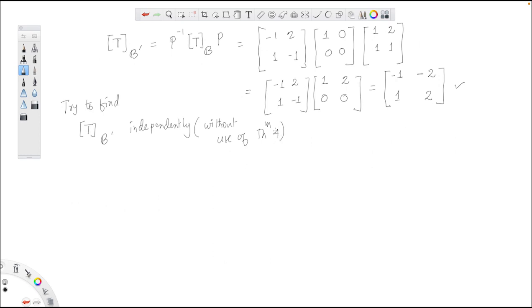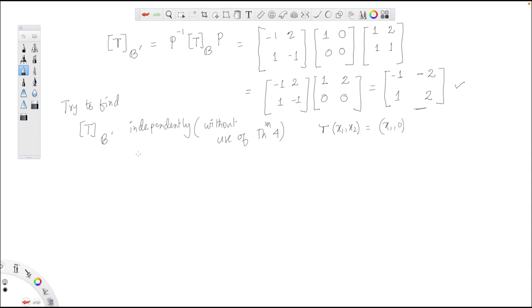Okay, and cross match that with this result that we found using Theorem 4. Okay, so now remember that the linear operator T from R2 on the vector space R2 was defined by this expression.